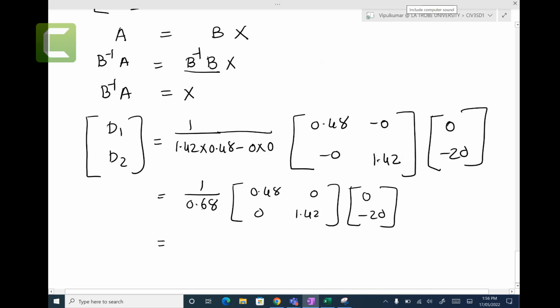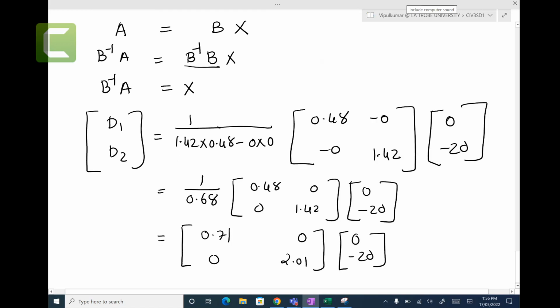So here you have to divide by 0.68: 0.48 divided by 0.68, you get 0.71, 0, 0, 1.42 divided by 0.68, you get 2.01, 0 comma minus 20.